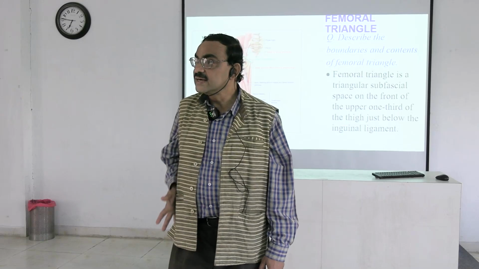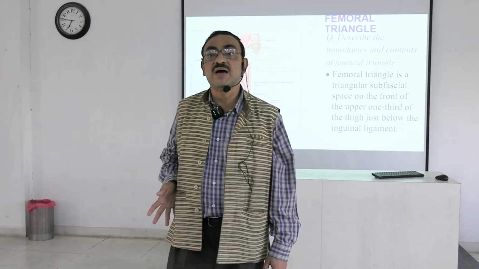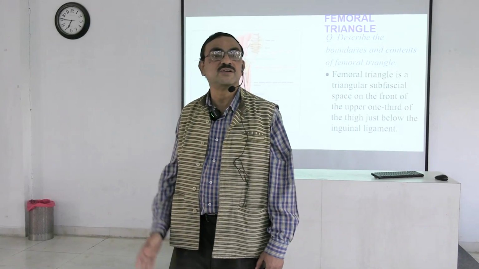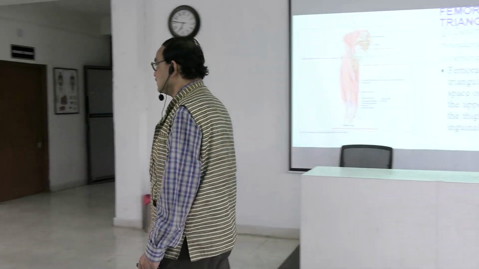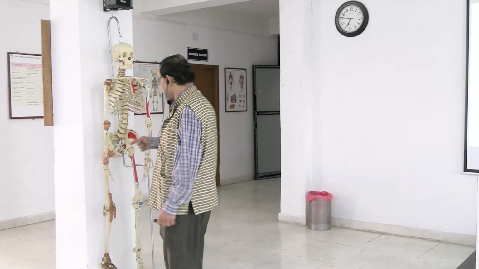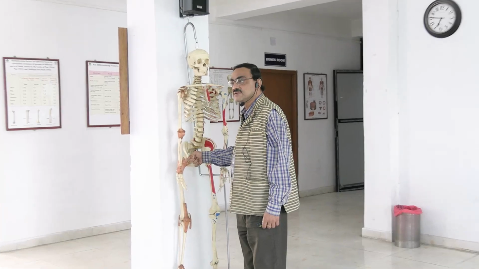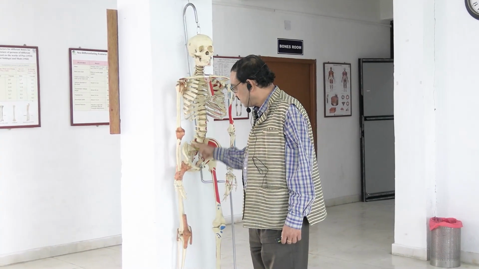So, lateral femoral cutaneous nerve is also originating from the lumbar plexus, but we can find it in the lateral aspect of the thigh, where just below the anterior superior iliac spine, it is apparent, it is coming from the abdomen.